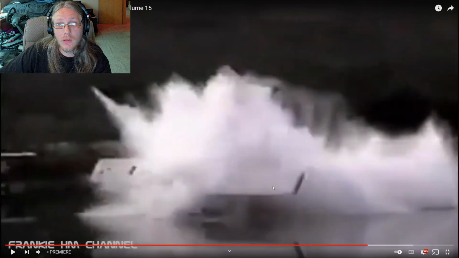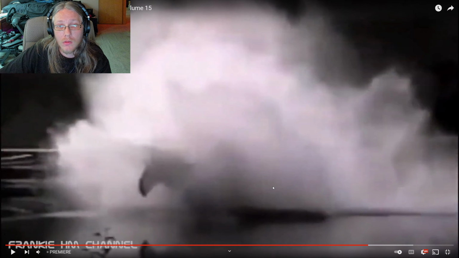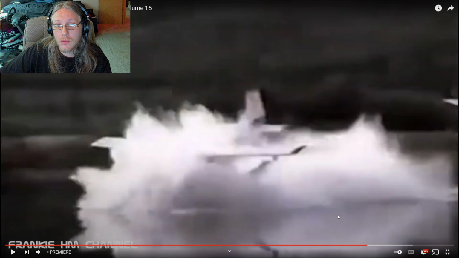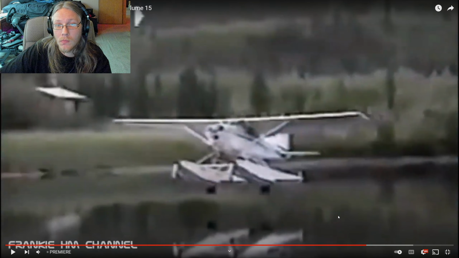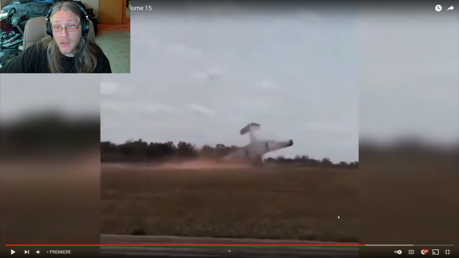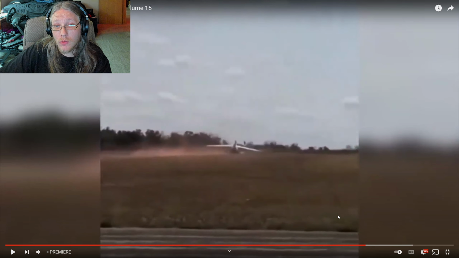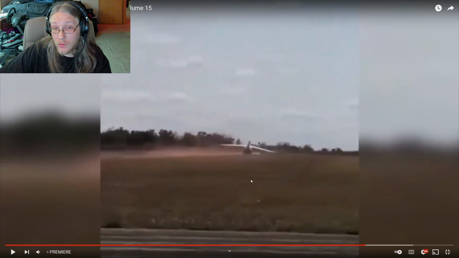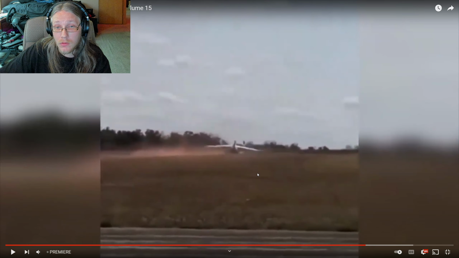The back of the plane here, there's no bend there. Back of the plane does not get bent in that direction, does it? And there, the tail's clearly smashed.